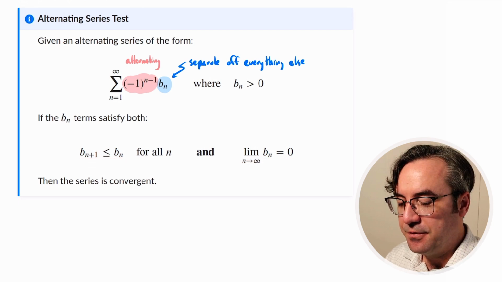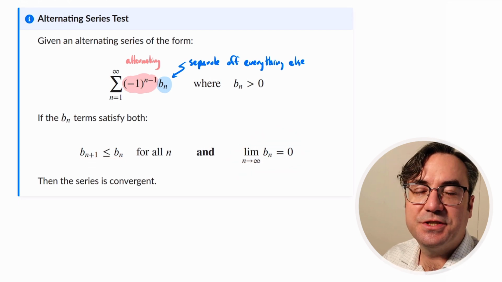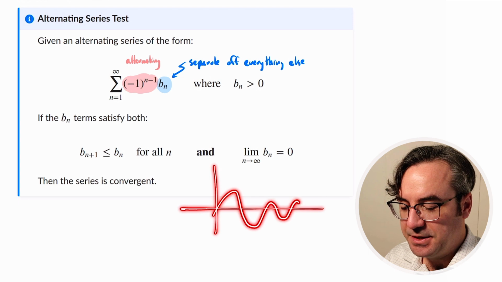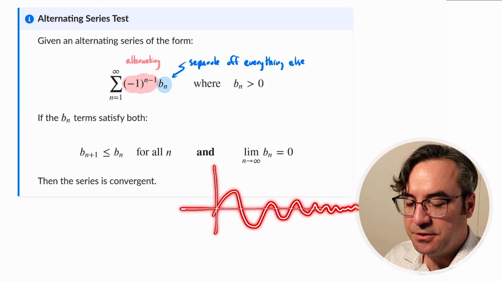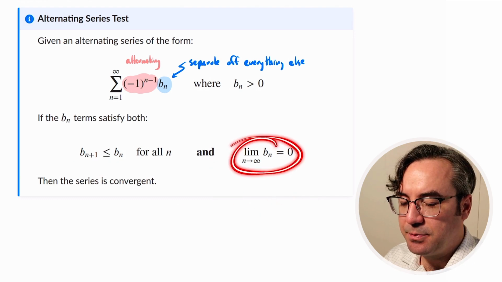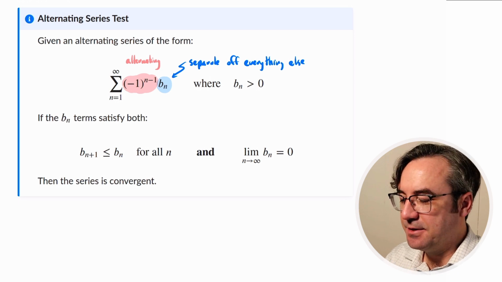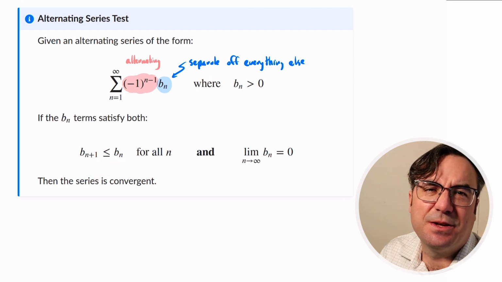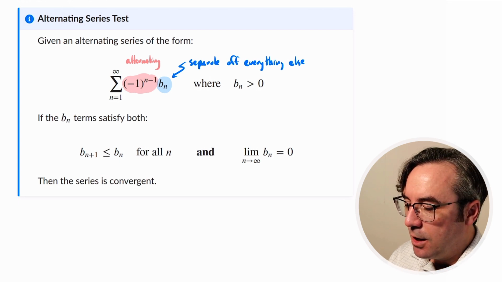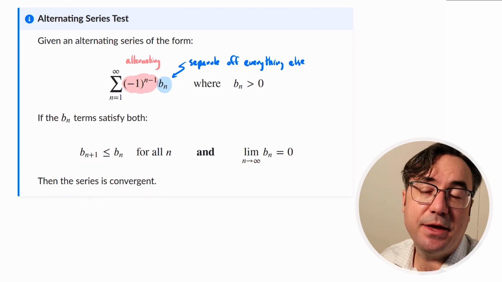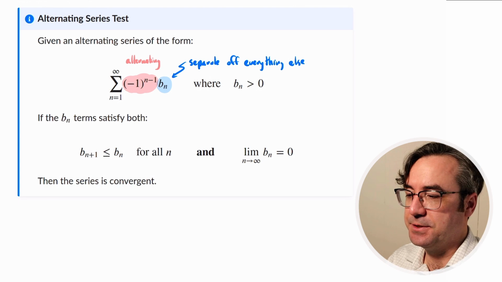You could have a sequence of terms, or a function, that kind of oscillates back and forth. Still the limit is 0, but it doesn't satisfy this. So having the limit approach 0 does not necessarily mean you have a decreasing sequence. You could have this kind of decaying oscillation or something like that. All right, so if both of these conditions are satisfied, we can claim the alternating series is convergent.